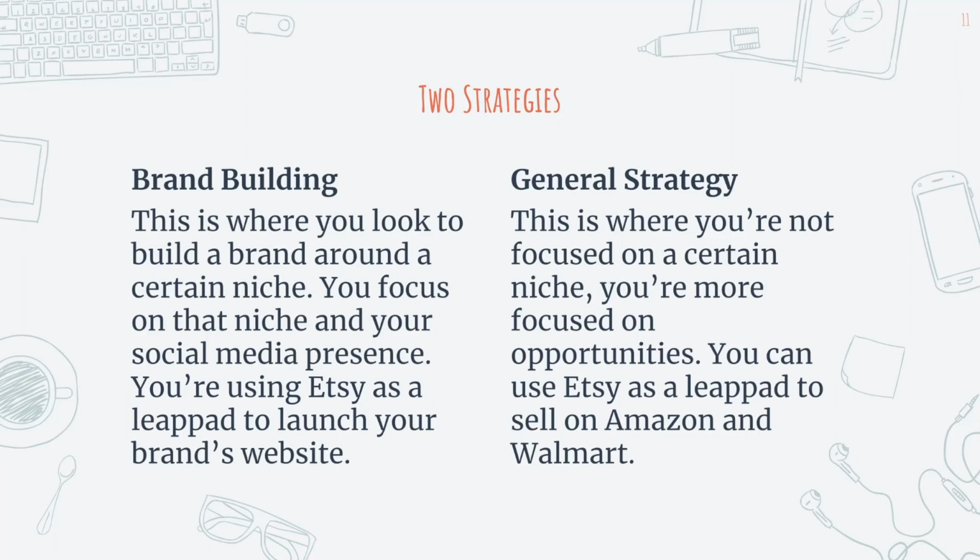And so that's why I say with the general method, you can take the stuff that's working on Etsy and take that over to Amazon and sell on Walmart. A lot of people don't know that you can actually sell on Walmart. You could fill out an application and then just like you can sell on Amazon, you can post your stuff on Walmart. It's kind of tough to get on Walmart. I think it's harder to get on Walmart than Amazon.